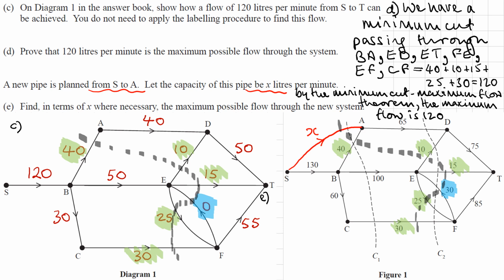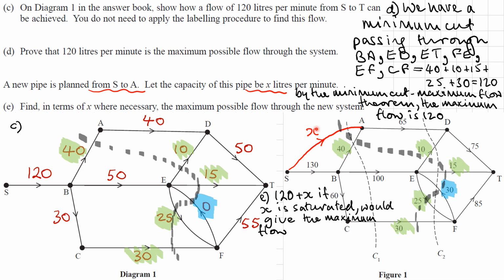So in that case, the maximum flow would be the 120 that I got before plus X. So 120 plus X if X is saturated. And that would give the maximum flow in terms of X.